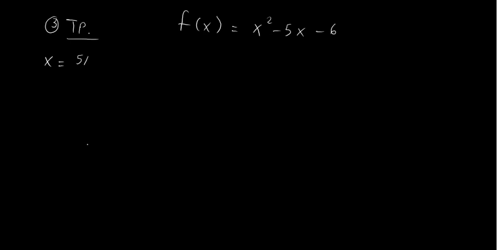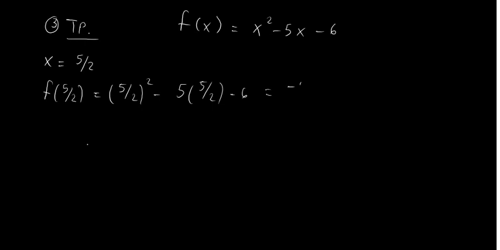So all we need to do is substitute that axis of symmetry into our equation to find the y value that goes with this x. So it's 5 over 2 all squared minus 5 times 5 over 2 minus 6, and that gives us minus 49 over 4. Therefore, we can conclude that our turning point for this parabola is 5 over 2 and negative 49 over 4.